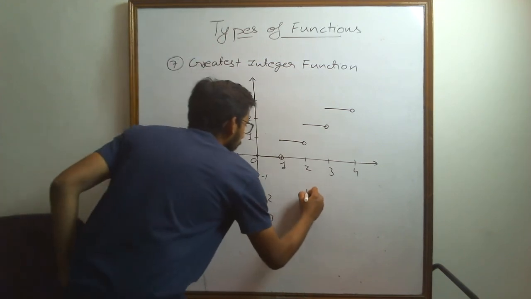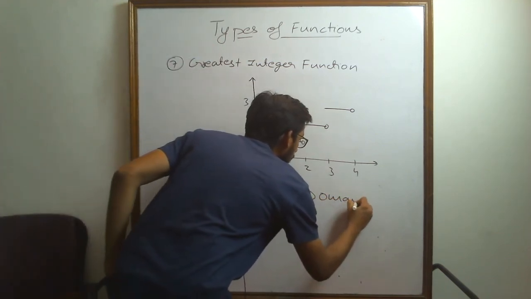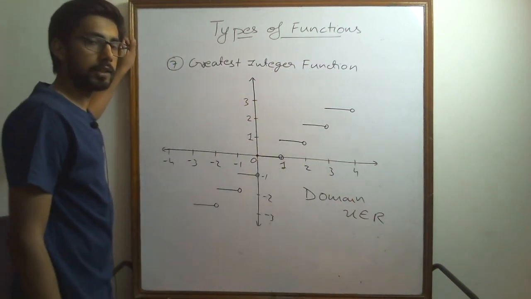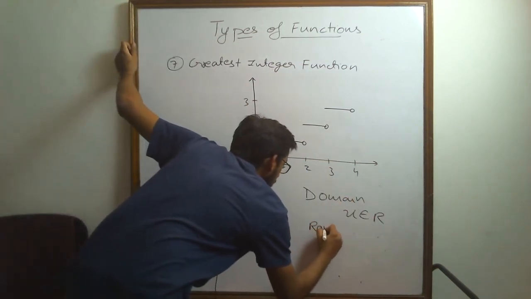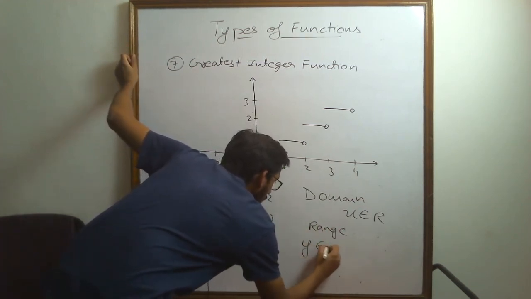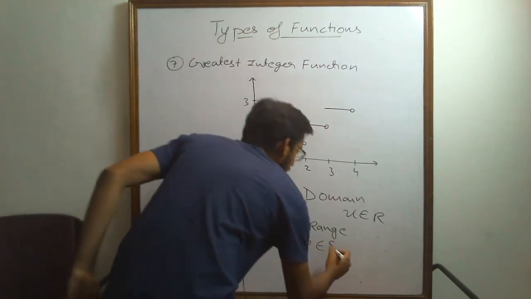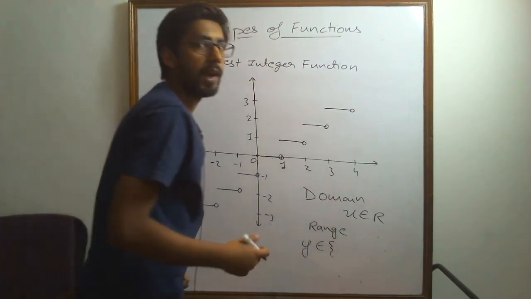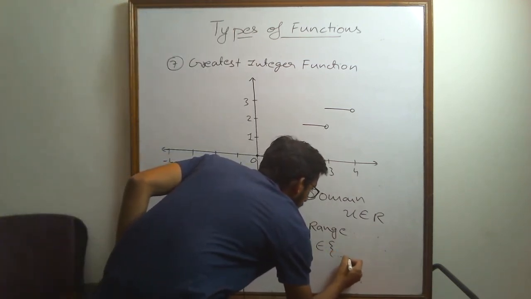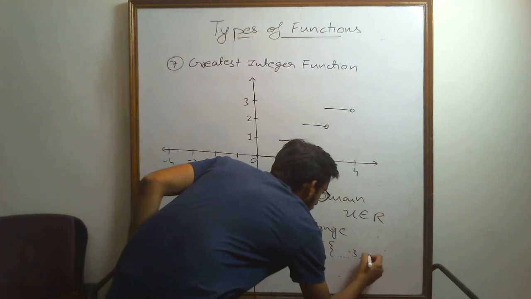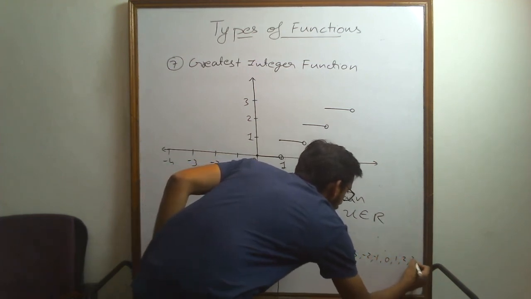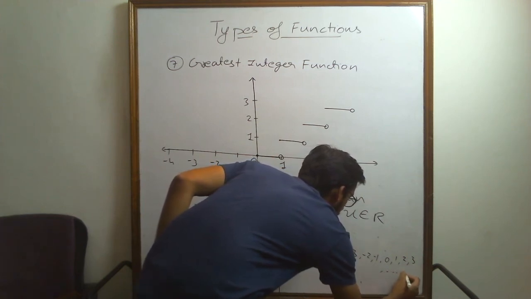Okay, let's discuss the domain and the range. The domain of the greatest integer function is the set of real numbers, and the range is y belongs to the set. There, y only has integral values, so it starts from -infinity, then comes till -3, -2, -1, 0, 1, 2, 3, and so on, goes up till infinity.